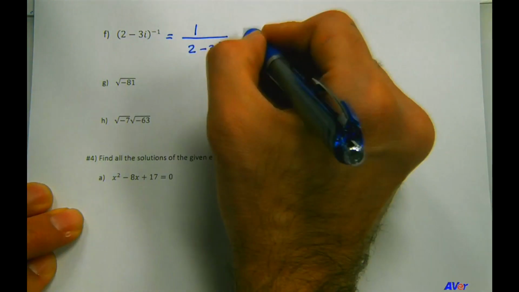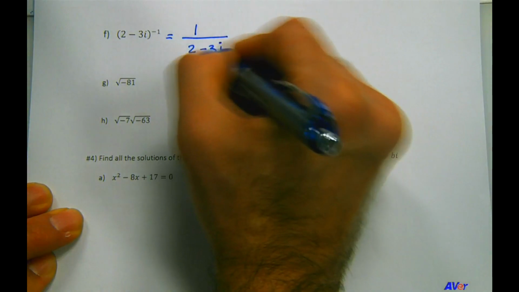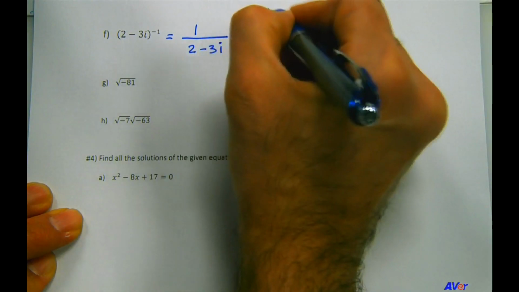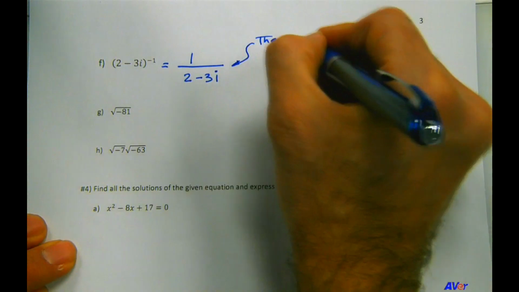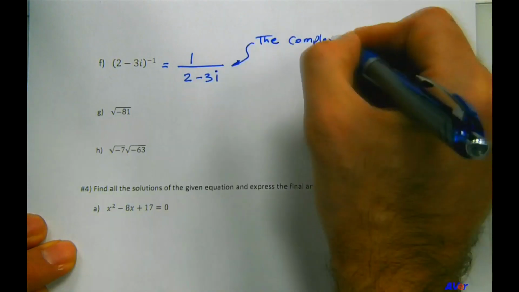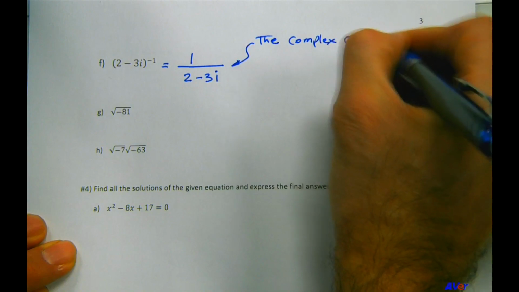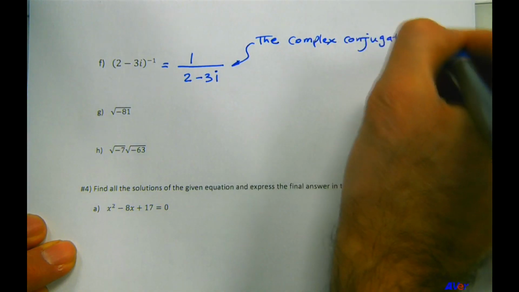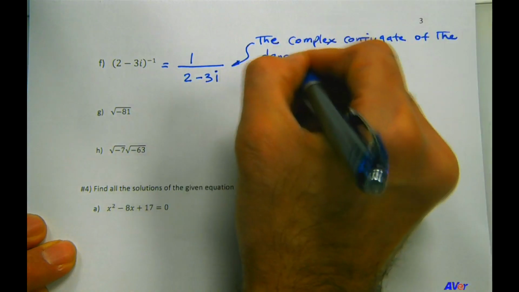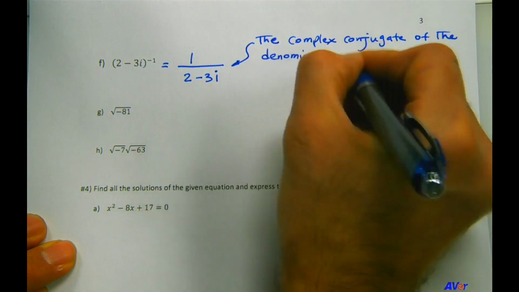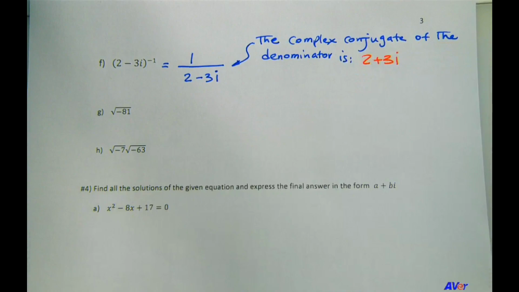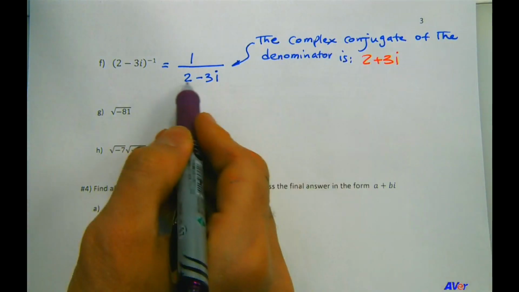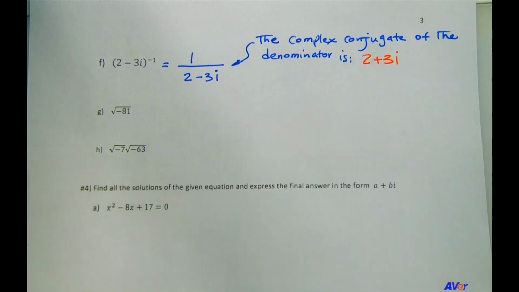Now, the complex conjugate of the denominator is 2 plus 3i. So then we're going to multiply the numerator and the denominator of this fraction by 2 plus 3i. Okay, let's do that.